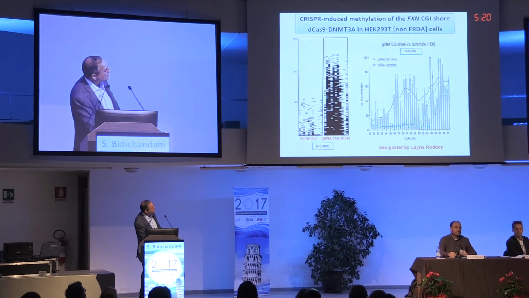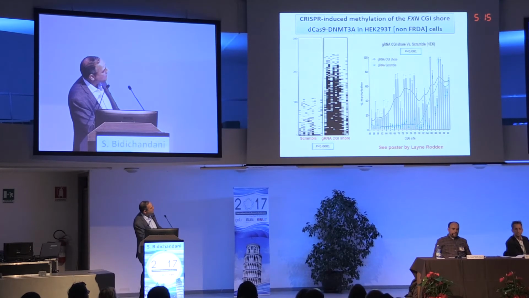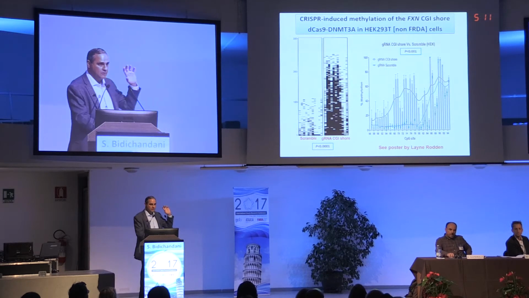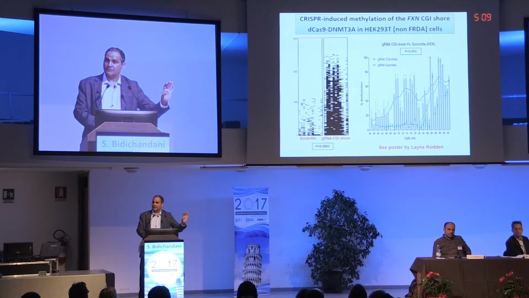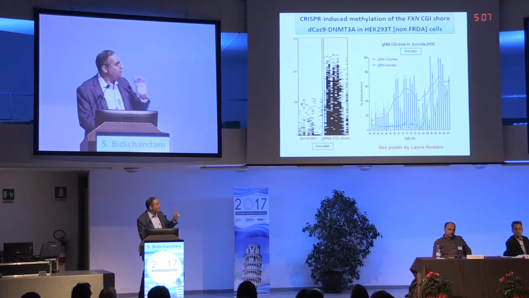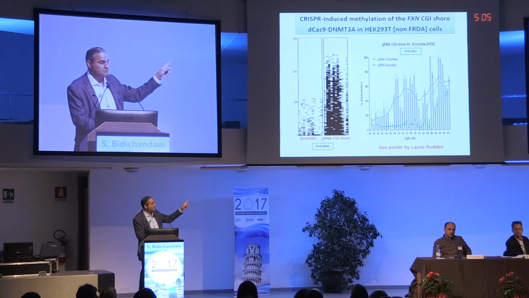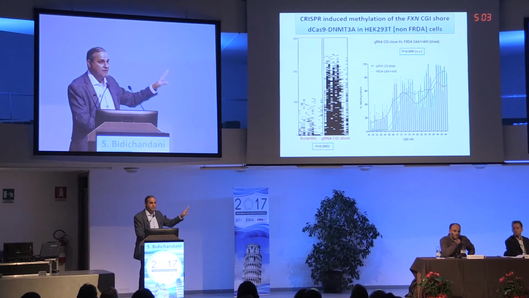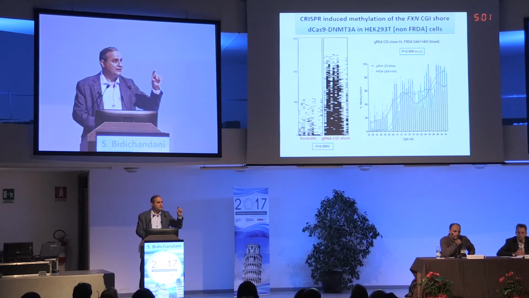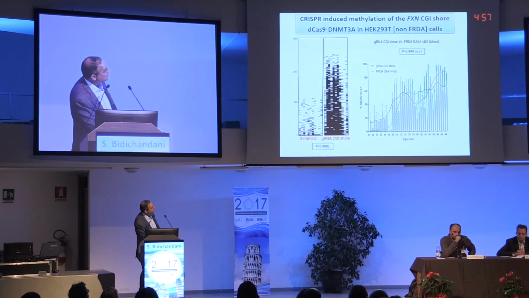And what you're seeing here is the whole sequence from the repeat all the way to the promoter, and in blue you're seeing the scramble, and here you're seeing in black all the methylation that's been induced by this CRISPR strategy. And in fact, if you compare how much methylation we have here, it actually compares favorably with people who have at least one short repeat and one long repeat. So that's what these two lines are supposed to tell us here.